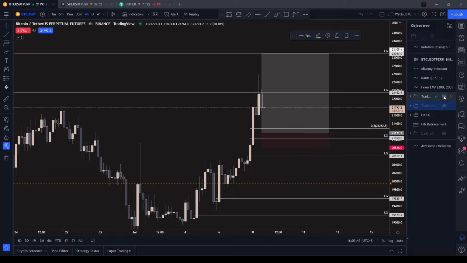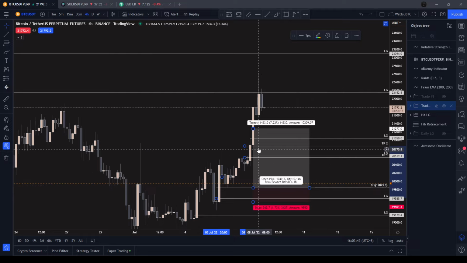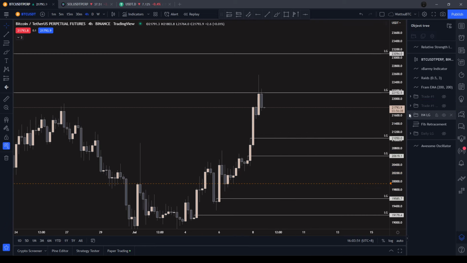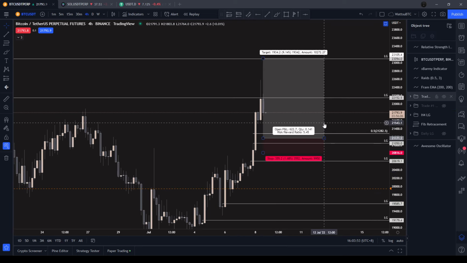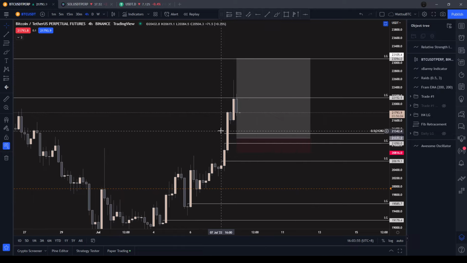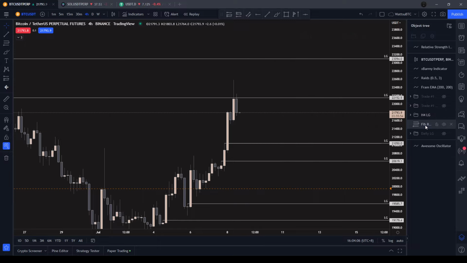This was not my initial plan, but it kept on moving up, so I'm going to hold that for now and make this trade number 1. Trade number 1, bid either the 0.5 or the LG with invalidations below. It's easy as that. Then if you want to short this, what's this?